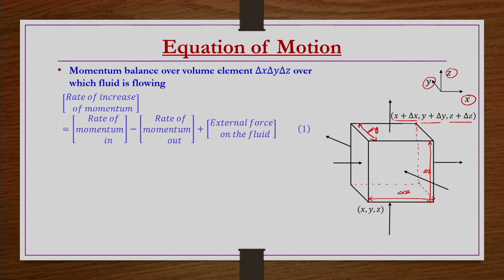The balance for momentum is: rate of increase of momentum equals rate of momentum in minus rate of momentum out plus external force on the fluid, if at all they are acting. Whatever extra forces are acting, whether because of the gravitational field, reactions, the electric field, or the magnetic field, all those additional terms should be added on the right hand side of the momentum balance equation.